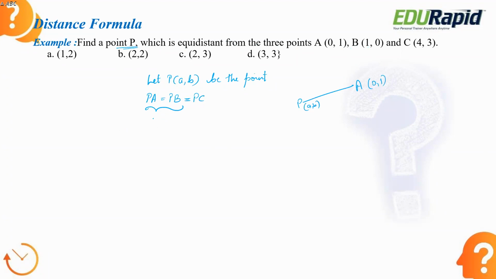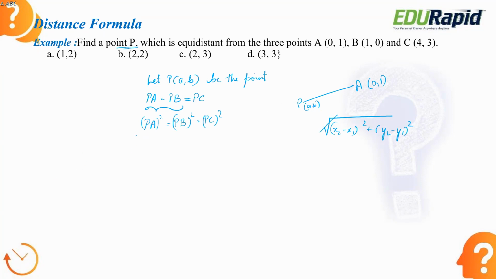In such cases, you can also square it because it will be easier to solve. So PA square is equal to PB square is equal to PC square. That's also the same because they are equidistant. I can leave out the root because you already know the formula says (x2 minus x1) whole square plus (y2 minus y1) whole square. If I square it, I can cancel out the root.